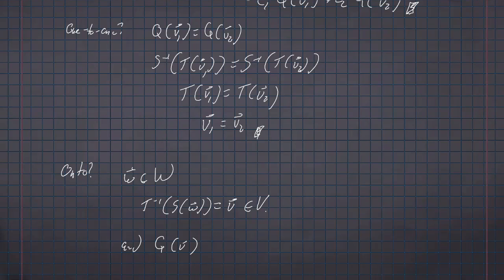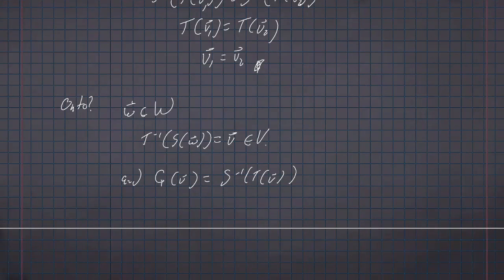And Q of V is equal to S inverse of T of V, but then replacing V, this is the same thing as S inverse of T of T inverse of S of W. And T of T inverse of a thing is going to be that thing.